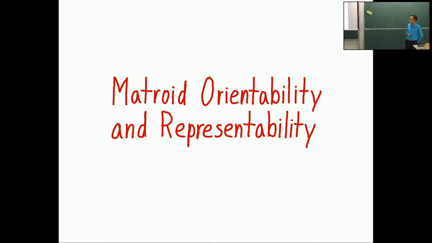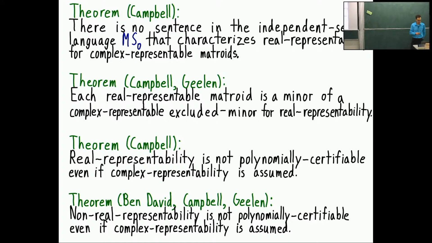So real representability is one of the sort of oldest and most fundamental problems in matroid theory. If you remember what I last talked about in the seminar, it's difficult. It's difficult from many different perspectives, whether you're looking at an axiomatic approach, excluding minors, or a complexity theoretic perspective.